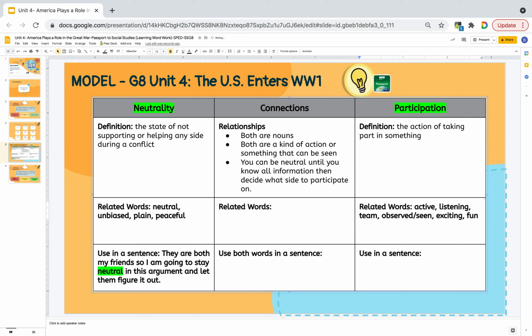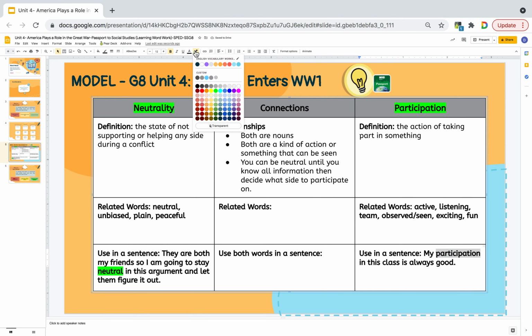When you're participating in something, it can be fun. Used in a sentence, my participation in this class is always good. And that's how I'm going to use that word participation in a sentence.